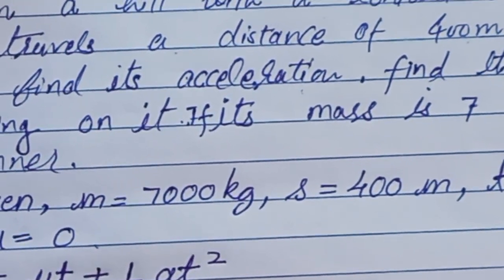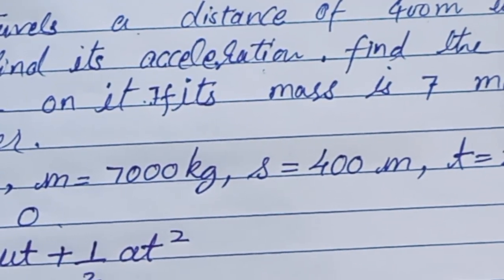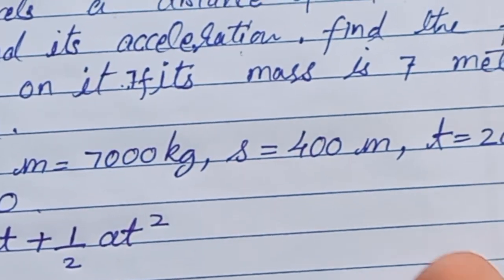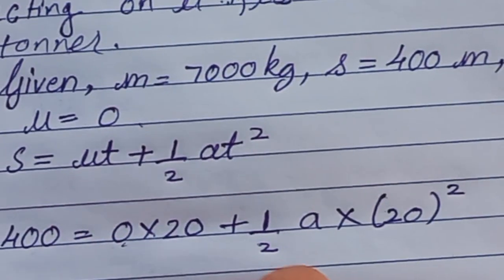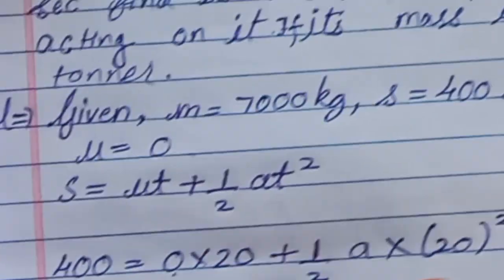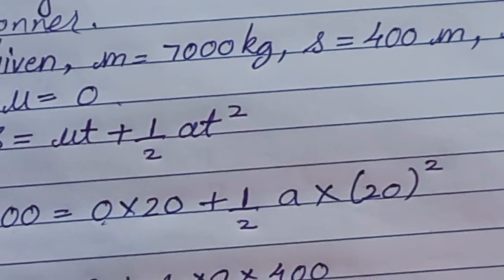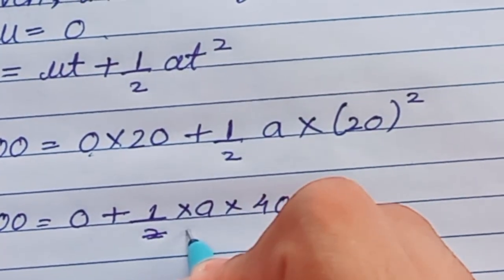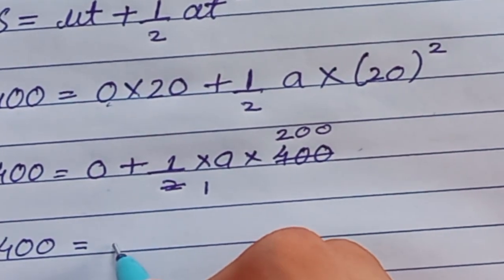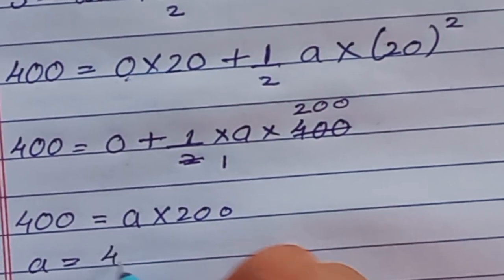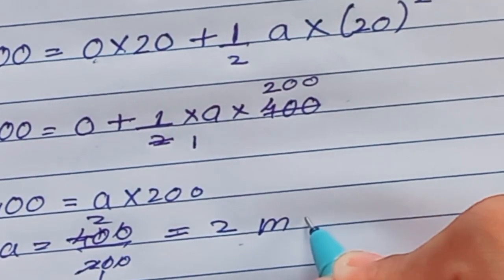So distance is 400, u is 0, time is 20 seconds, plus half, we don't know acceleration, times time squared, 20 squared. So 400 = 0 × 20 + ½ × a × 20². 400 = a × 200. a = 400/200. The answer is 2 meter per second square.